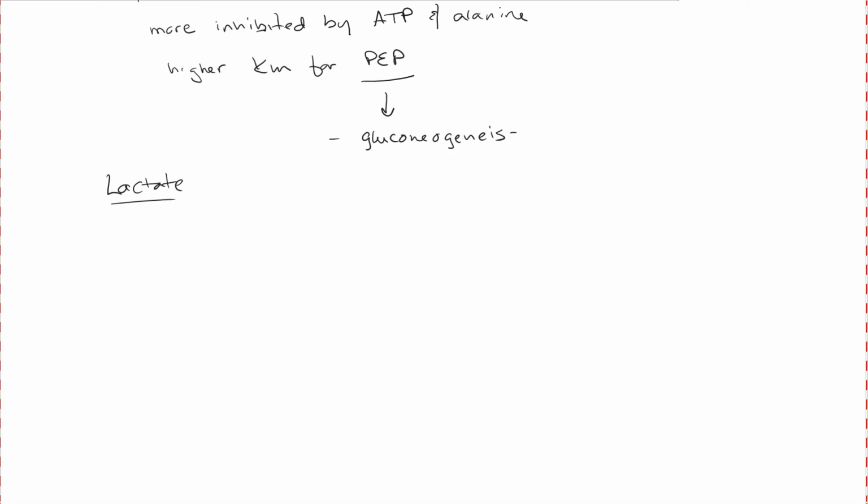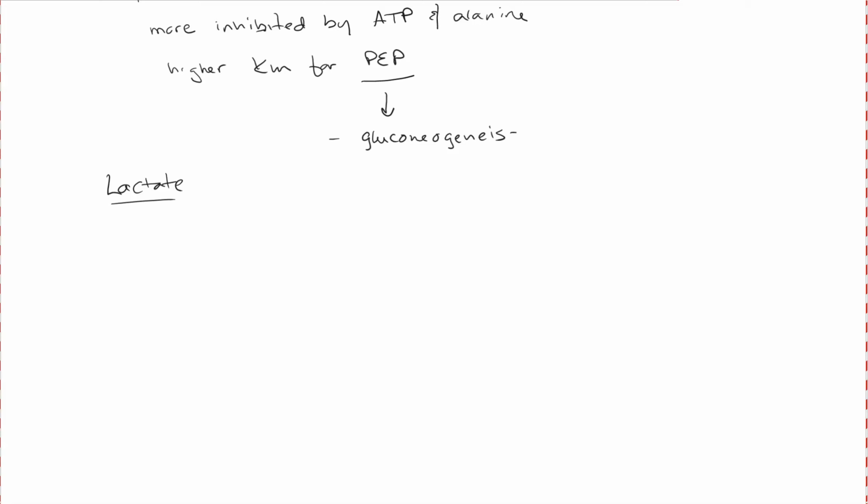So in animal tissues experiencing anaerobic conditions, pyruvate is reduced to lactate. And pyruvate reduction occurs in tissues that normally experience minimal access to blood flow.